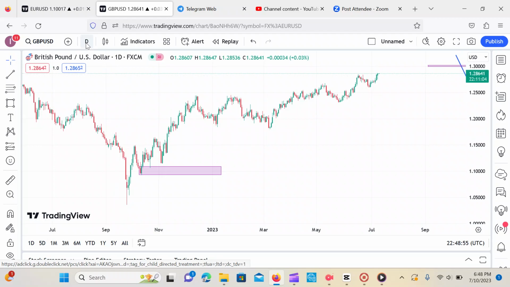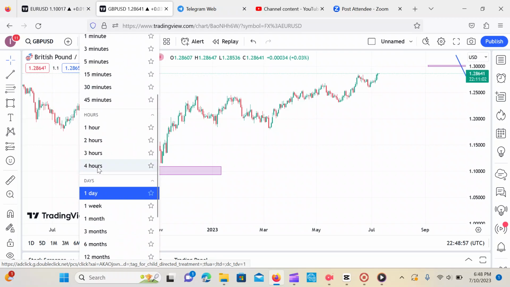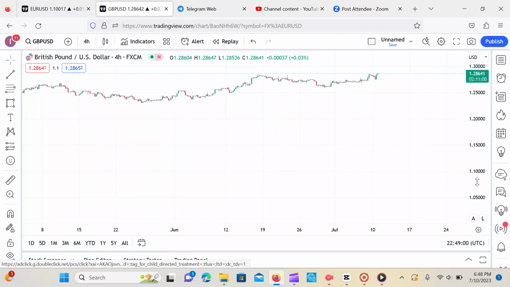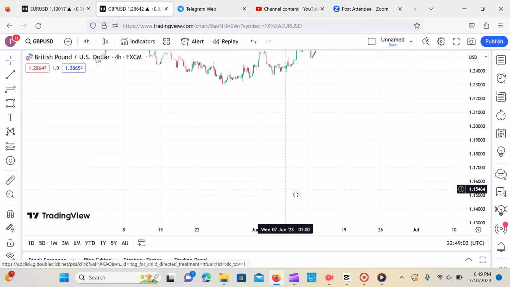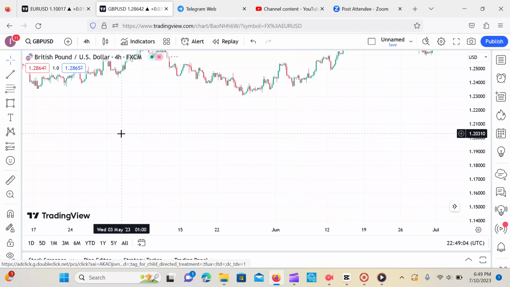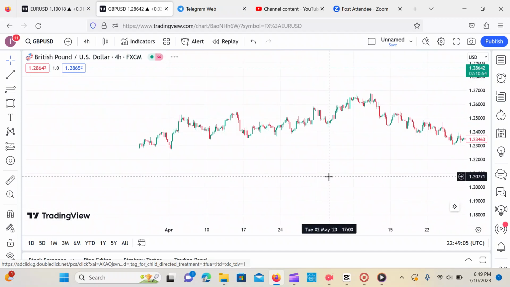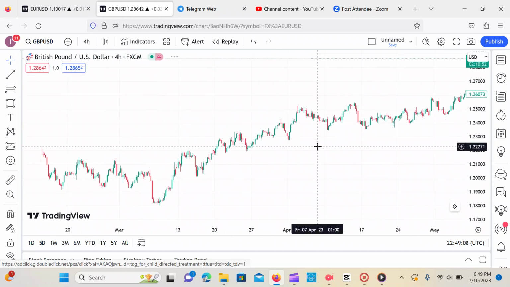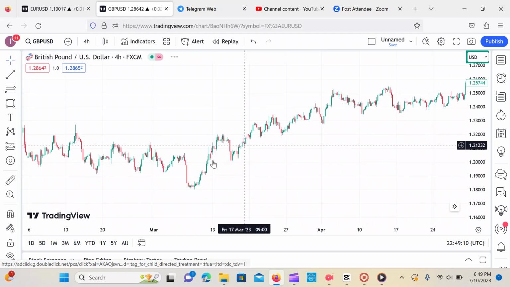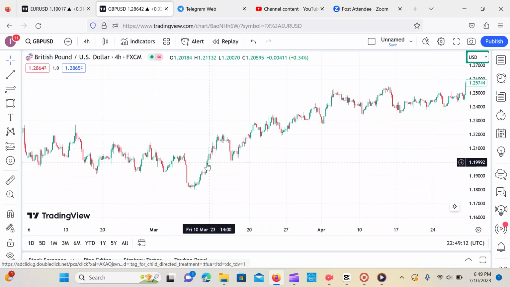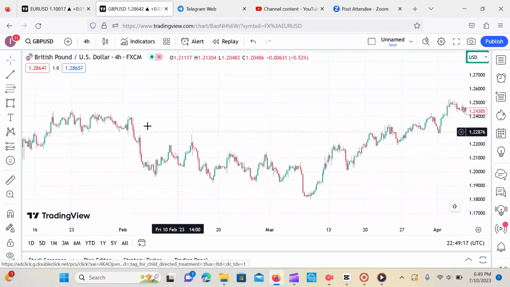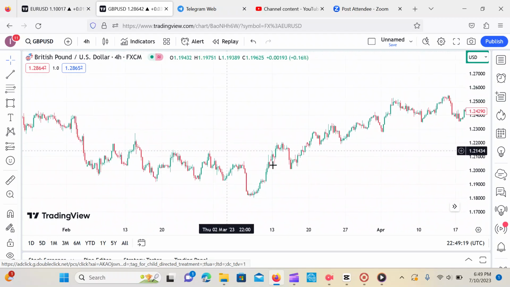Let's go to a different time frame, like the 4 hour time frame, where you see something more interesting. Let me say that this is a downward trend, and we have this change of character.